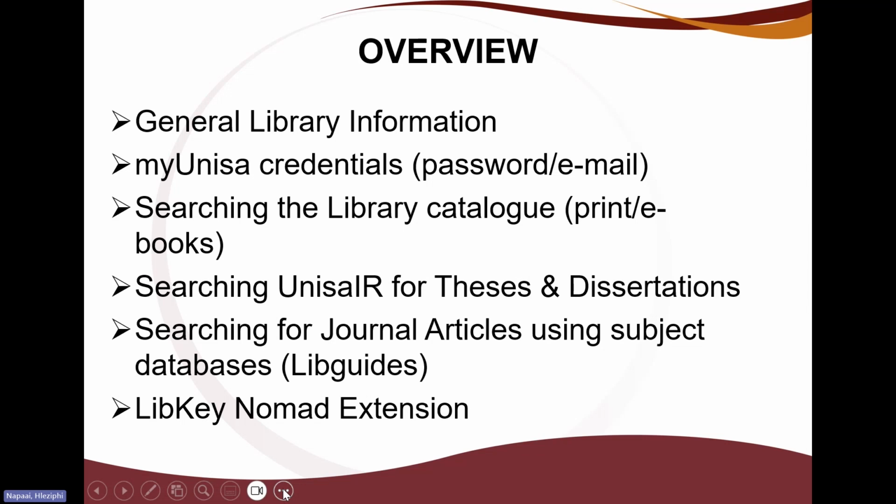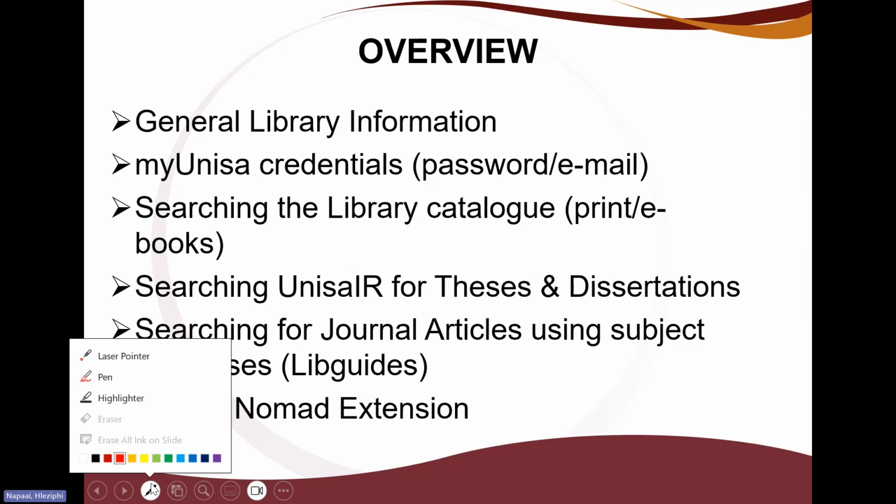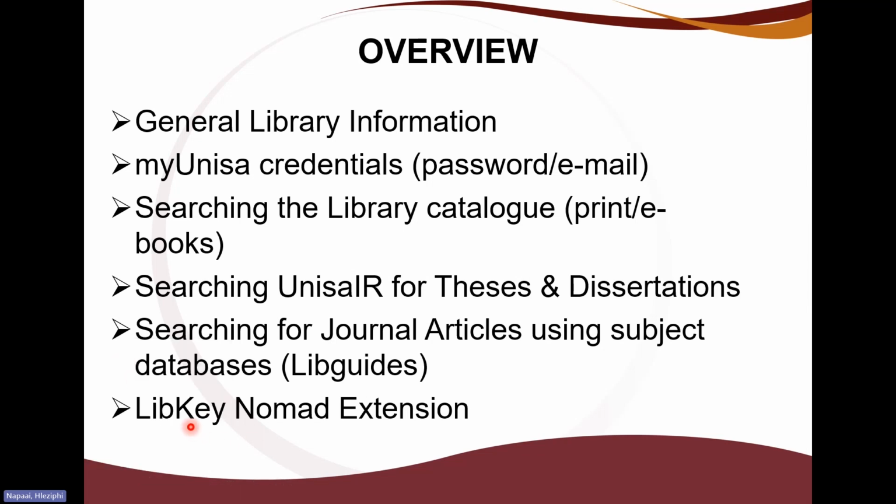I would encourage you all, when you're going to search through our databases, to go and add an extension on any of your service providers, whether you're using Chrome or Edge or Mozilla, and download what we call LibKey Nomad. It's a library key where you go and search our catalog, or where you go and search our databases.